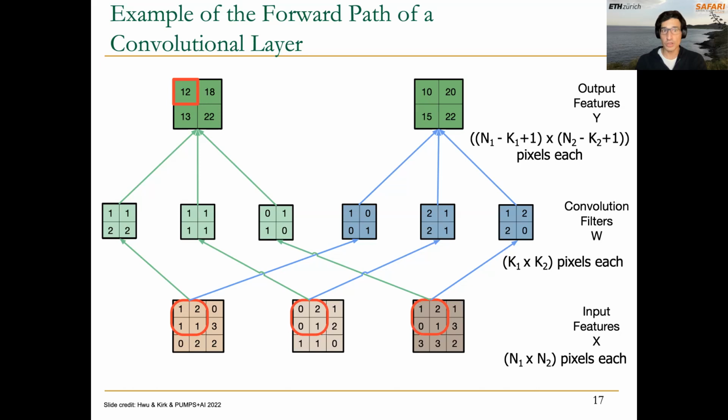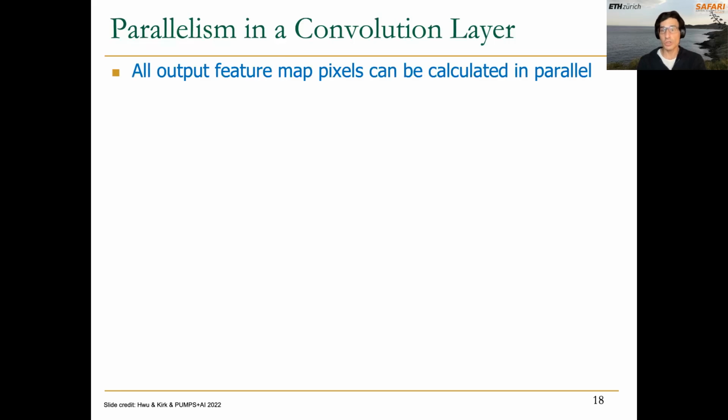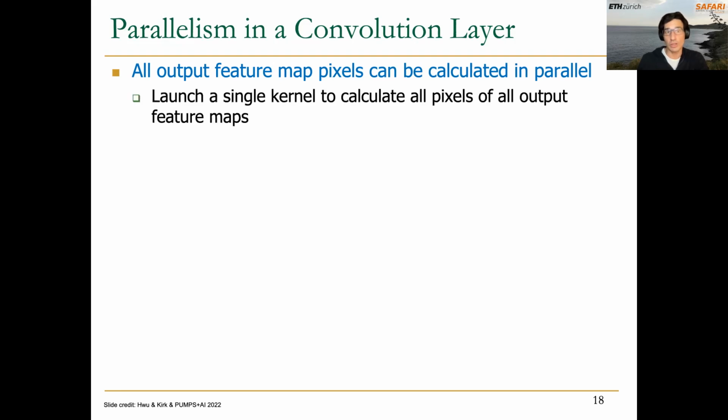One interesting observation in this convolutional layer is that there is a lot of data parallelism, because we are applying the same computation on all the pixels of the input feature maps. So all pixels of the output feature maps can be calculated in parallel.